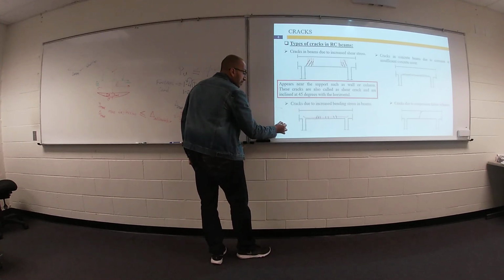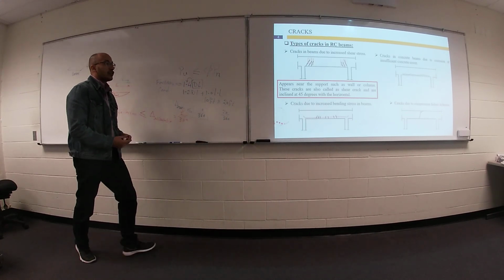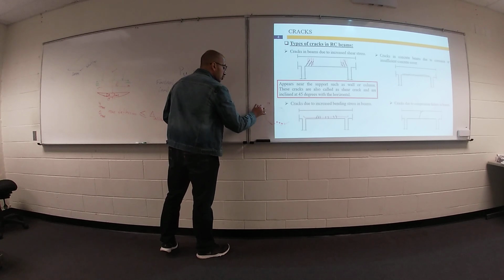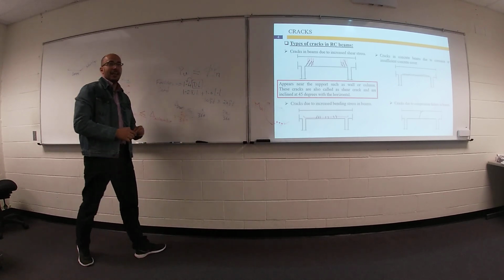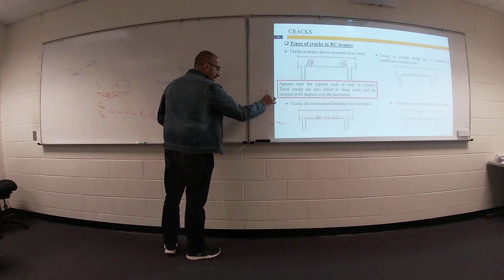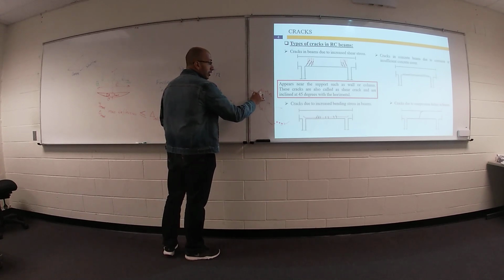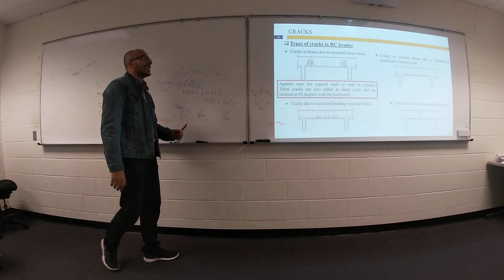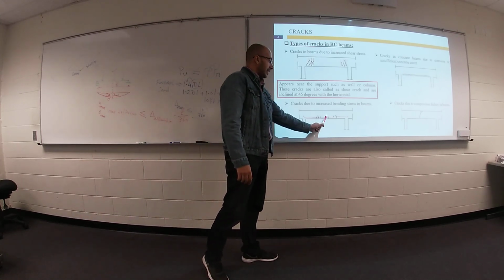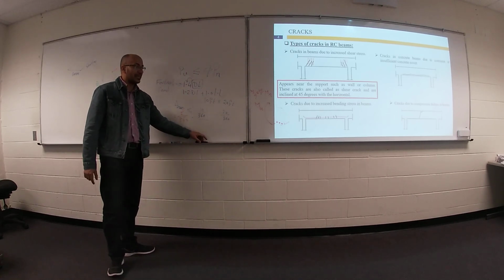When you designed your beam, you didn't provide enough reinforcement to support your moment, M ultimate. Your design bending moment must be greater than or equal to your required bending moment, but this did not happen. You can expect cracks like this: vertical cracks at midspan of your reinforced concrete beam.